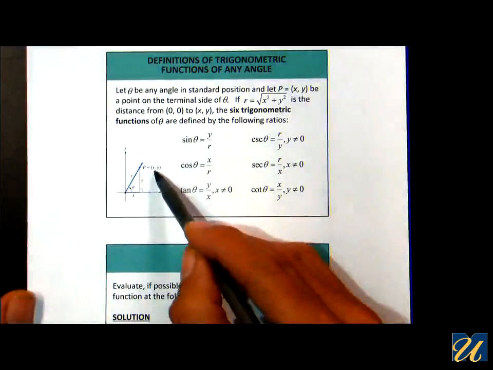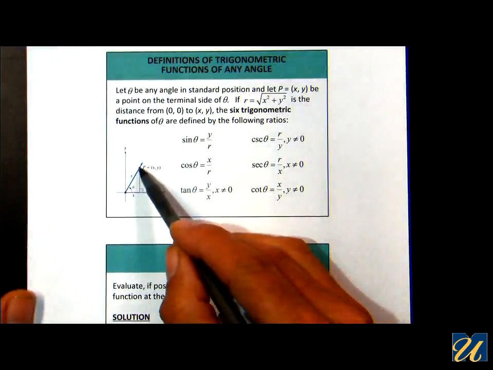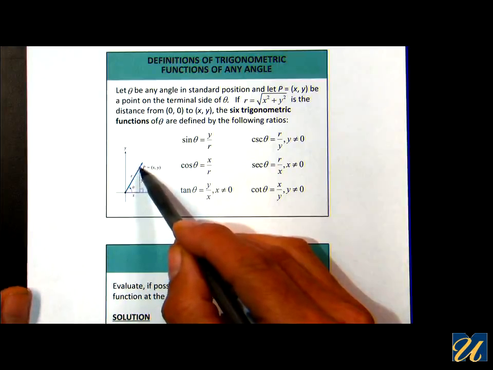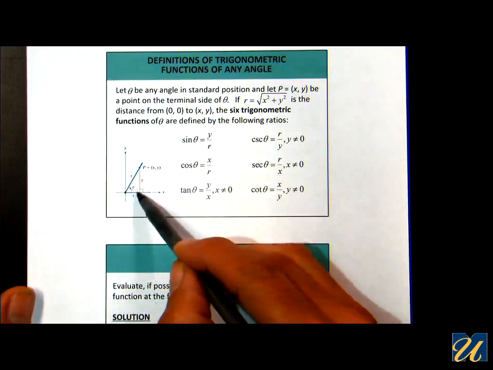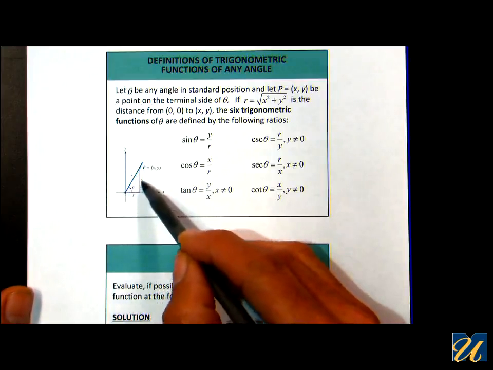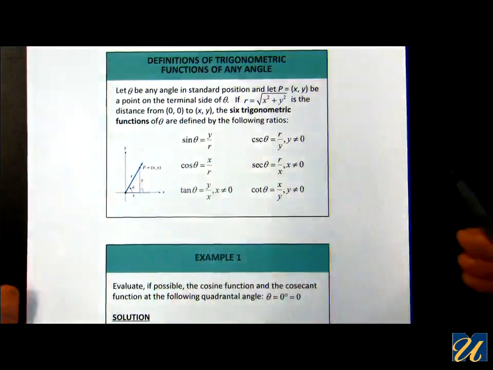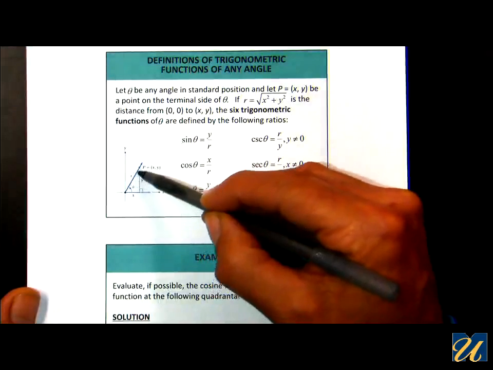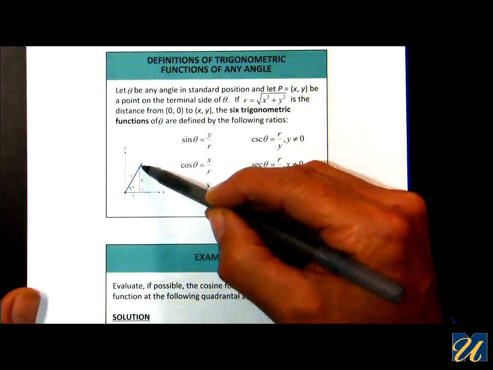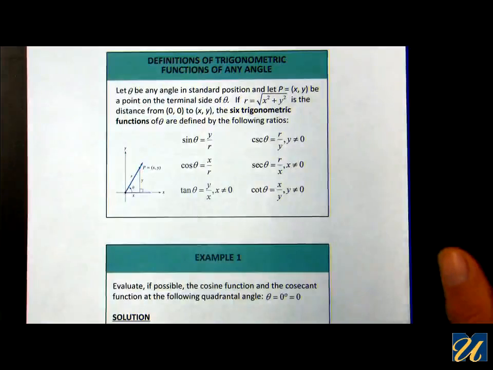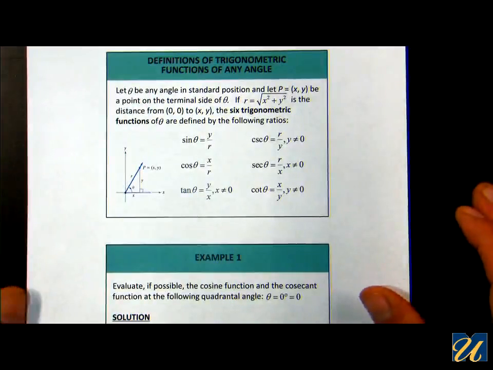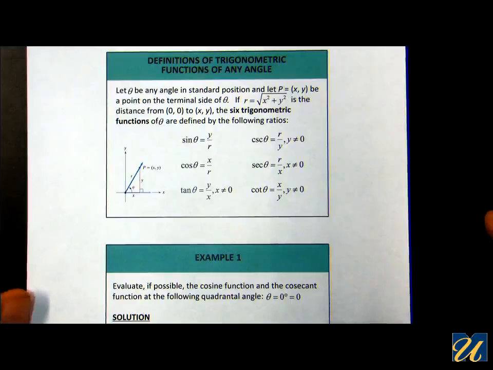So the x and y coordinate of point P here, the terminal point of the ray defined by the angle theta, is now the x coordinate, the length of the side of the triangle, and the y coordinate, which is the height of the triangle. And this is still the hypotenuse of the triangle, but it is now r, the radius of the circle. So we have sine theta defined as y over r.